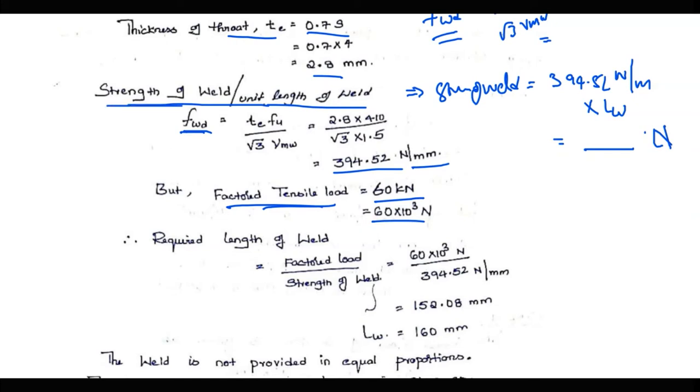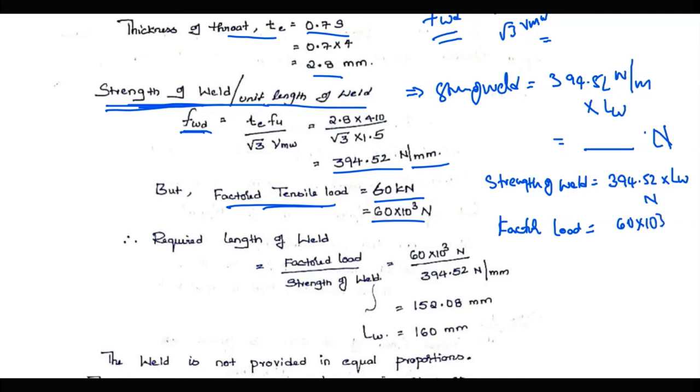So from this equation the strength of the weld is, see I am writing 394.52 into L_w Newton, isn't it? Not per unit length, I am writing for strength of the weld. And the factored load this weld has to take is 60 into 10 to the power of 3 Newton.